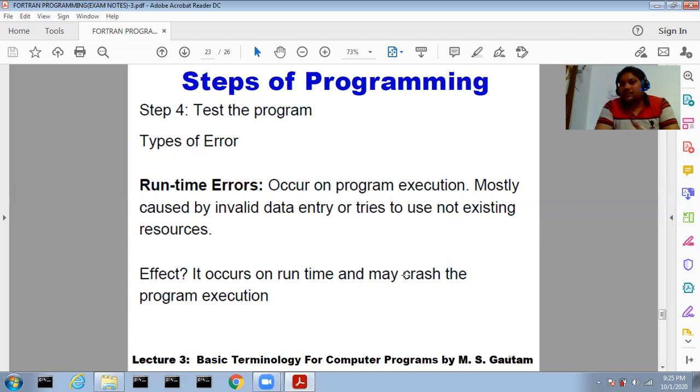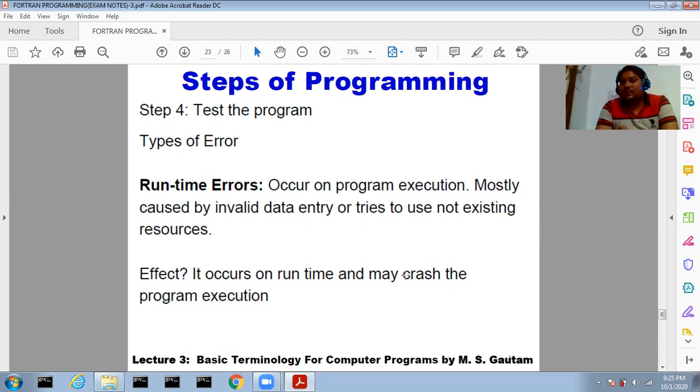Compilation means testing of the program. So while compiling the program, if there is no syntax error and no logical error, then when we compile the program, the compiler shows no logical error, no syntax error, then the last step is running of the program.